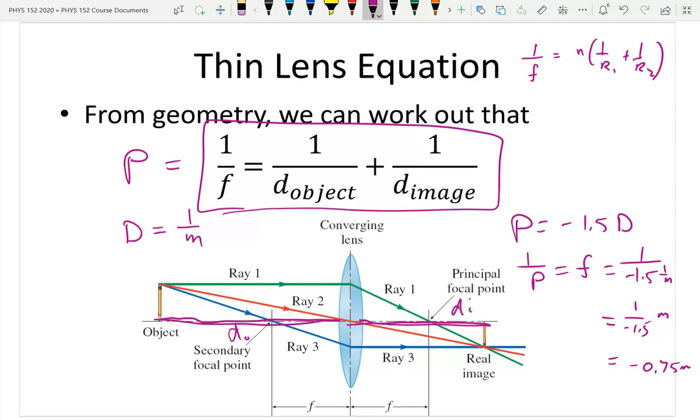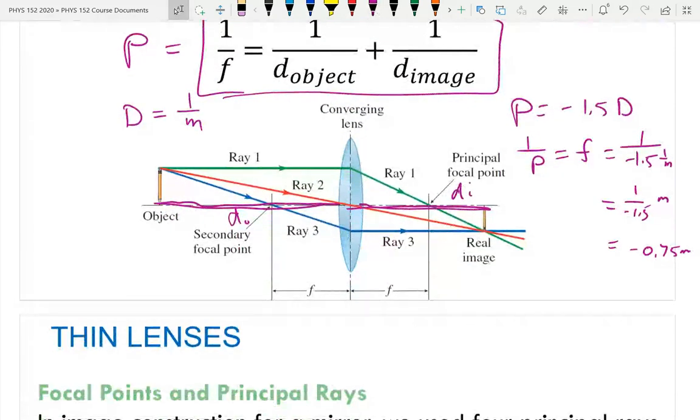And if we take ray 2, does anybody remember what the name for ray 2 would be? It's the vertex ray. If we take that vertex ray, we are going to have a relationship that relates the height of the object, the height of the image, and those distances.